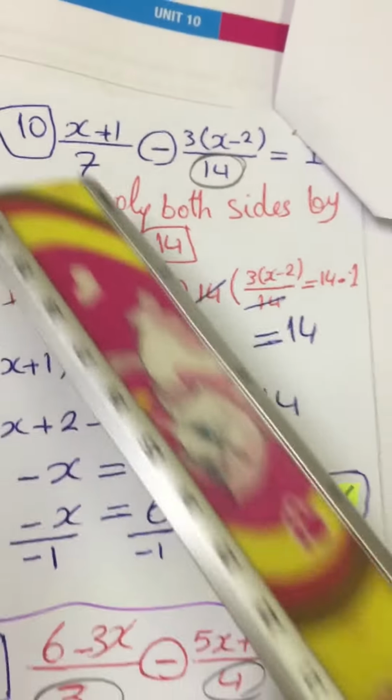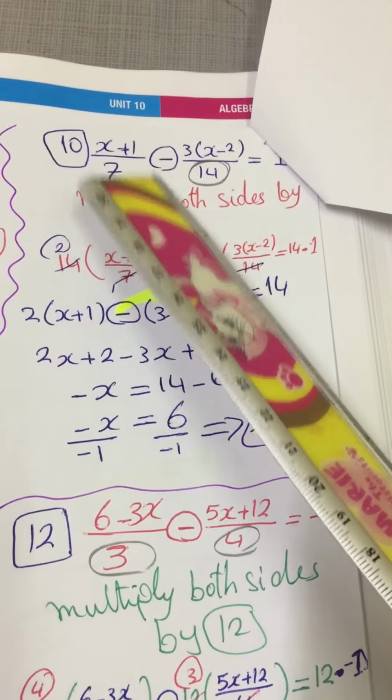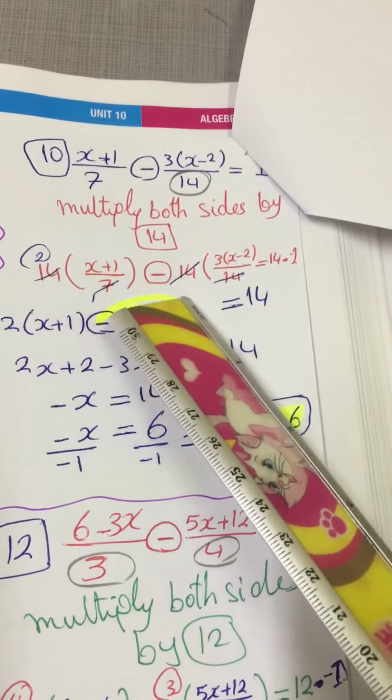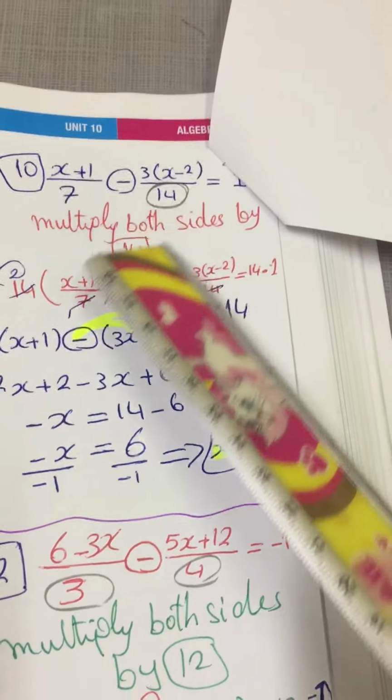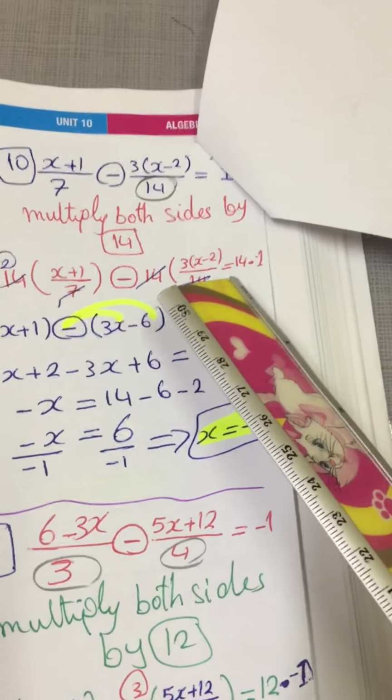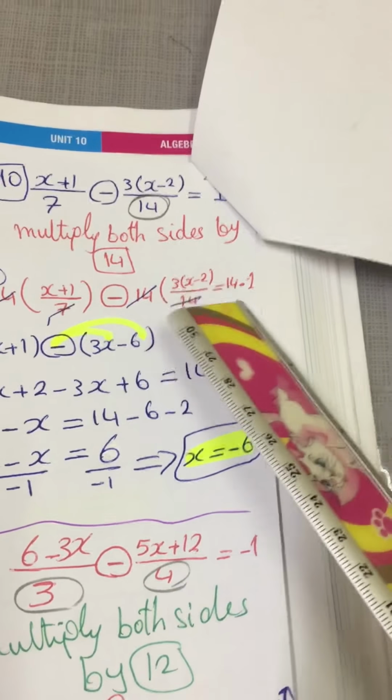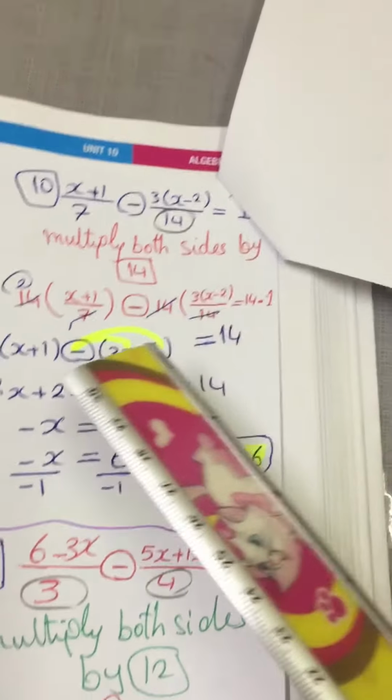Now 14 open brackets x plus 1 over 7. As you see, subtract minus sign. 14 also open brackets x minus 2 over 14 equal also 14 multiply by 1. Please don't forget to multiply all the terms you have, as I say each time.